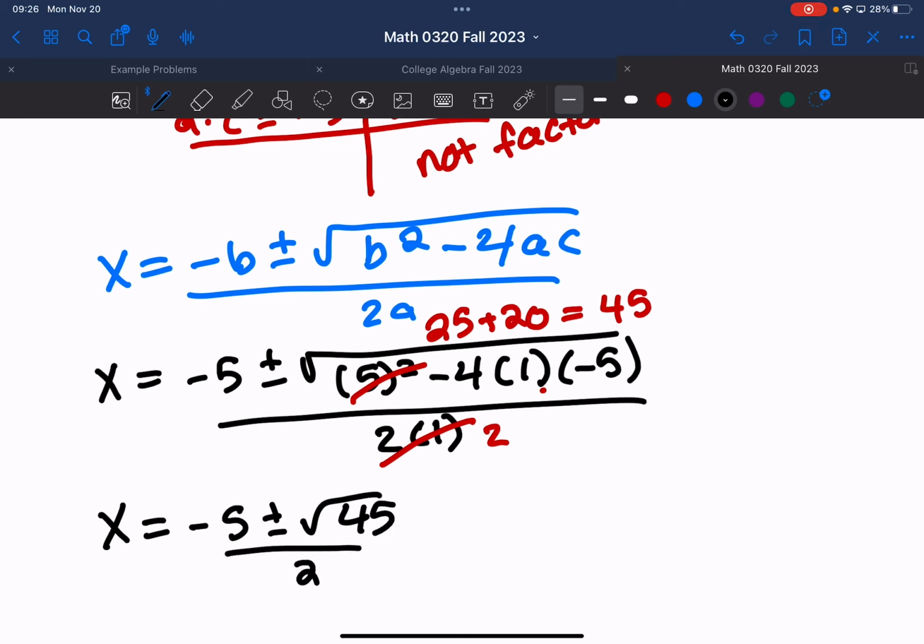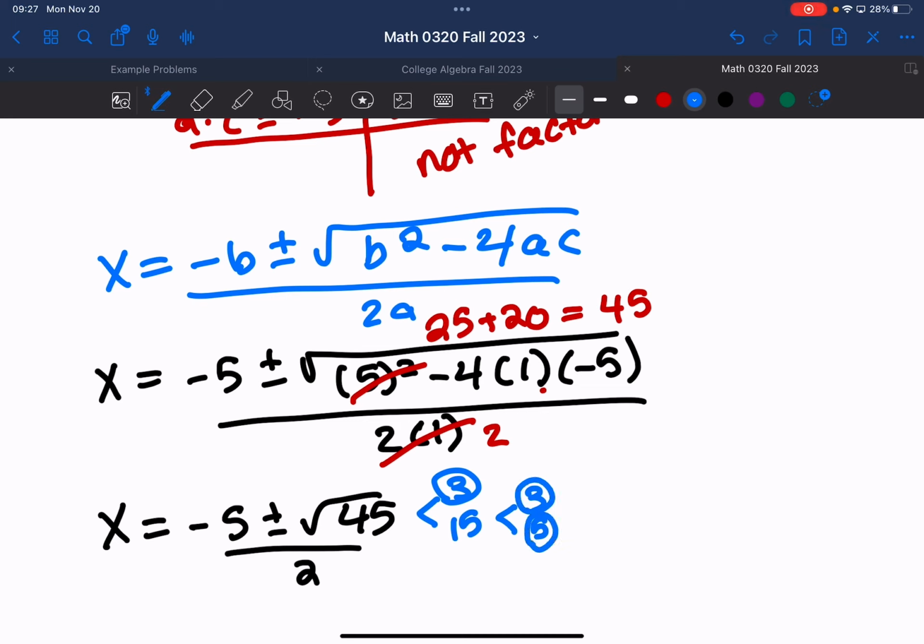I'm just rewriting what we had up there. So 45 is not a perfect square. Is it something that we could reduce using the prime factor tree? Yes, so what prime number goes into 45? 3 goes in how many times? 15. And then what goes into 15? 3 and 5. And they're both prime numbers.